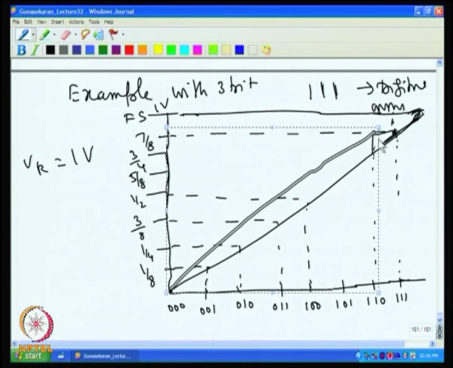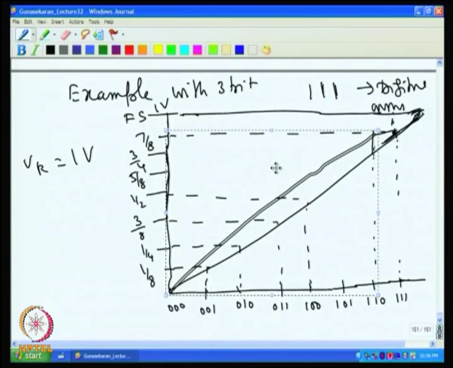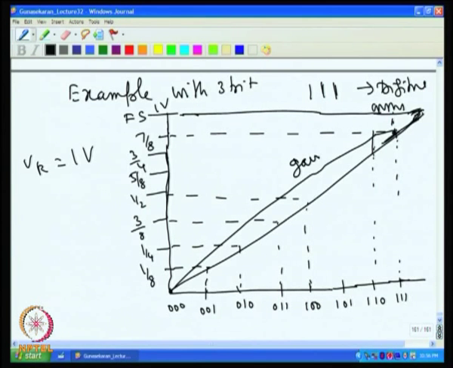So, you will have the gain error coming into this. Now, this is a gain error. Instead of reaching 1 volt at 1 1 1, it is supposed to meet here, but it had met at this point only.